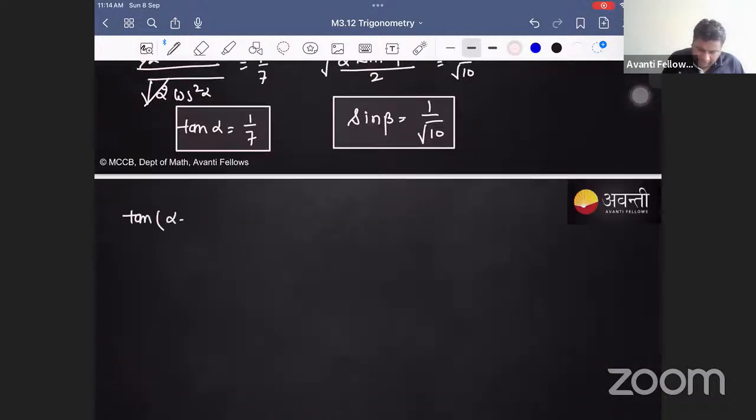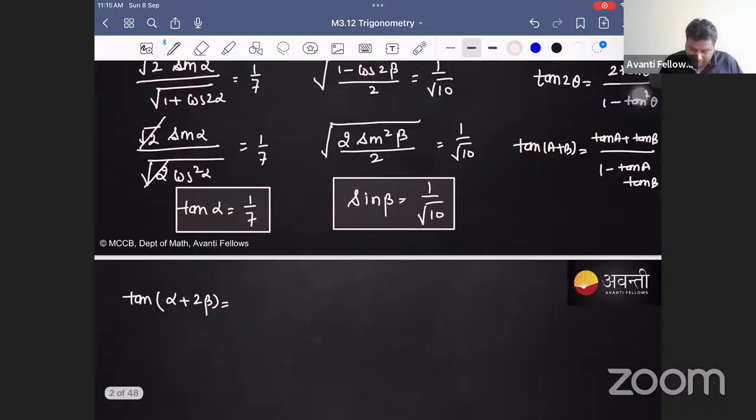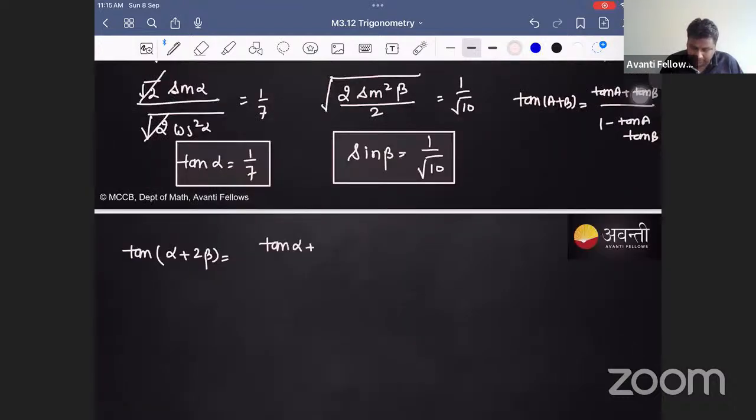So this tan alpha plus 2 beta is equal to, now another formula which we will be using is tan A plus B. So this tan A plus B is tan A plus tan B upon 1 minus tan A tan B. So this will be tan alpha plus tan 2 beta upon 1 minus tan alpha tan 2 beta. Am I clear?